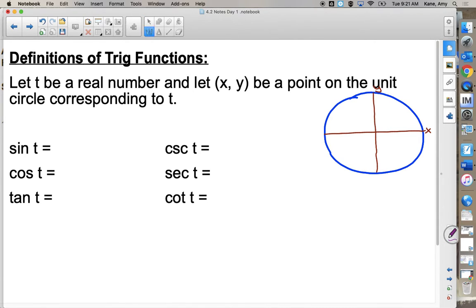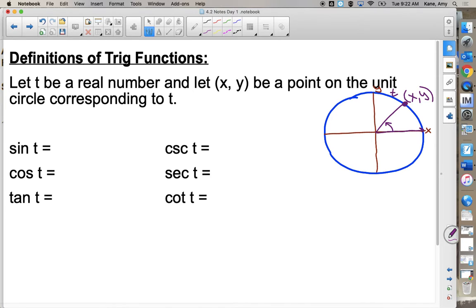So it says we have a t value that's a real number. That number creates our angle. And then we have a point on the edge of the unit circle corresponding with that angle t.